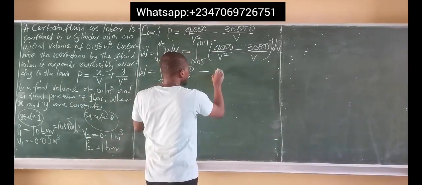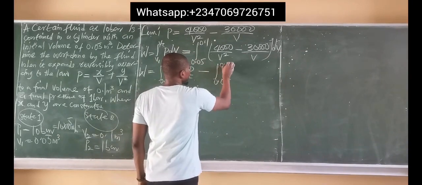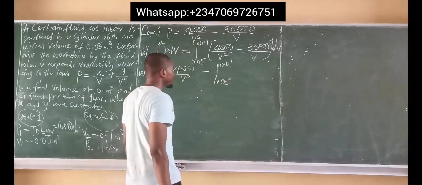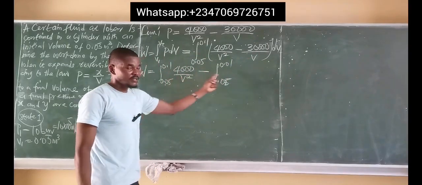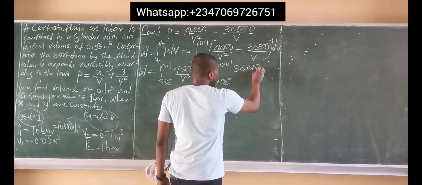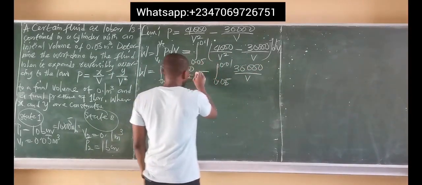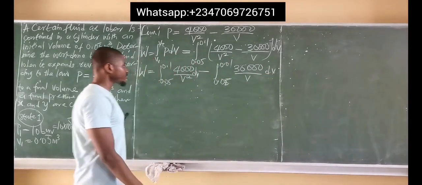This multiplied by this becomes the integral from 0.05 to 0.1 of 30,000 all over v, not forgetting times dv. That is the law of integration.